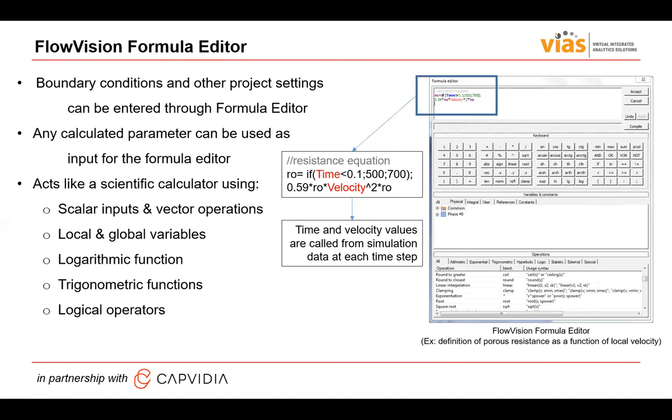And then here in this example, once you have the rho as a function of time, then you define the porous resistance as a function of rho and also the local velocity. So at each different coordinate, at each different cell, we have different resistance since the local velocity is different at each different cell. And these are just called from the simulation data at each time step from FlowVision.